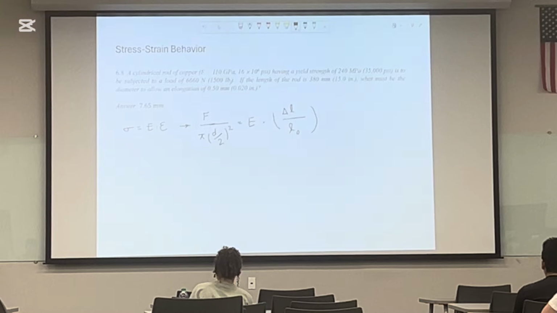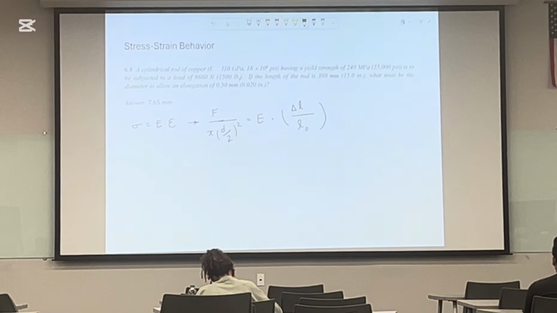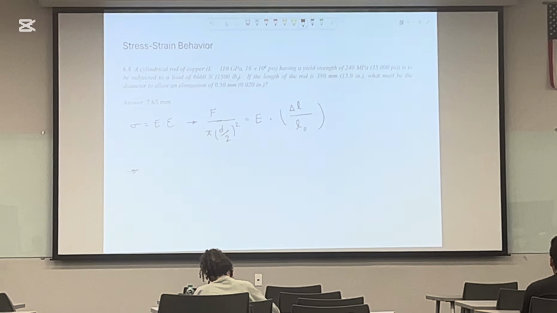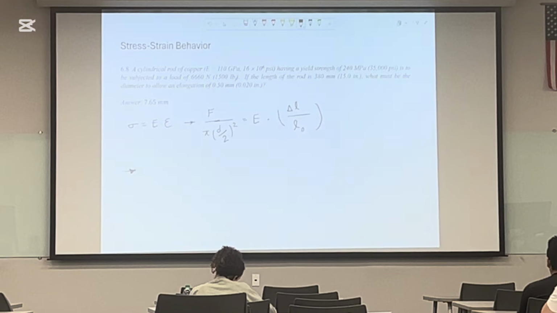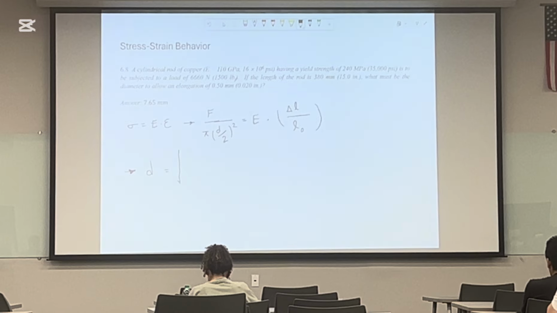So if we just plug in the numbers, we have every other parameter, right? We are given the force, we are given L naught, which is 380, the initial length, and also we are given the Young's modulus. So if we just move the parameters to find D, we get something like this.